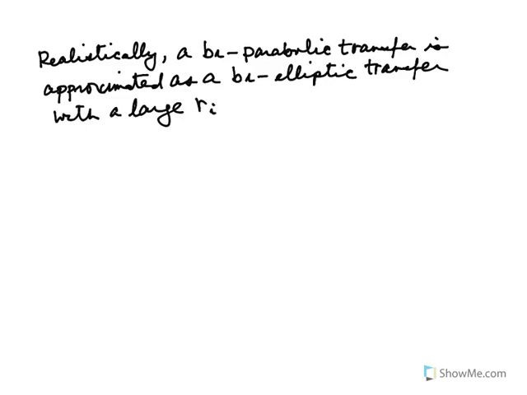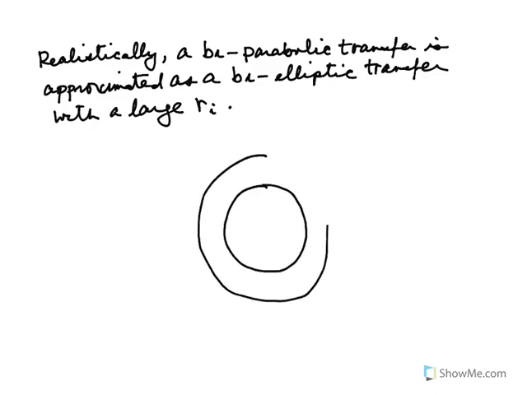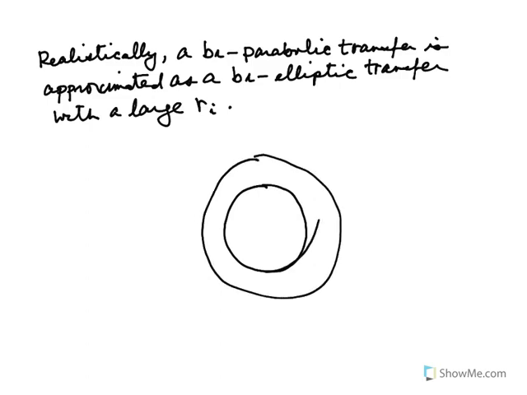So in other words, if you go back to the case of the BiElliptic transfer, it just means that if the intermediate apoapsis is large, then what you're going to get is something that looks as follows: here are your two circles, and you have an outbound ellipse, but this outbound ellipse has a really large Ri. So this is a very large Ri.